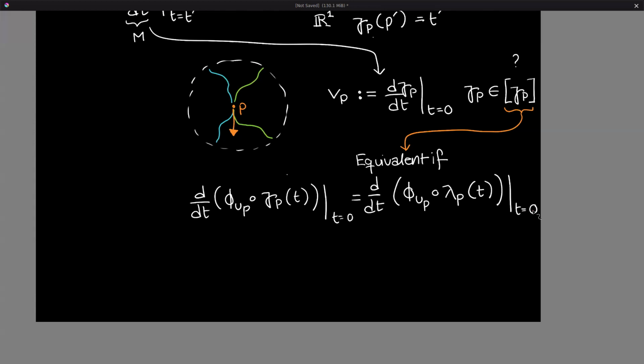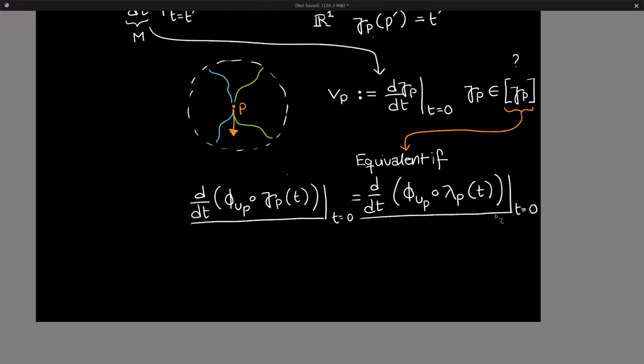Oh, there's a question. One second, I'll come to the question. So what we're trying to signify here is what we mean when we say we want their velocity to be the same. We want to put them in this equivalence class only if their velocities are the same. What do we mean rigorously when we say that? We mean this expression here.